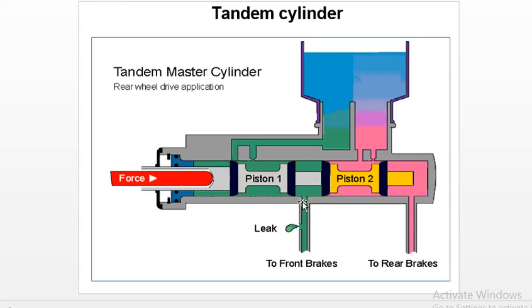Due to that, the tandem cylinder is used. The area is the same. These two black portions are for piston 1, and these two black portions are for piston 2. So the area will be the same. Due to that, we can say that the force generated at the front brake is the same as the pressure force generated at the rear brake.